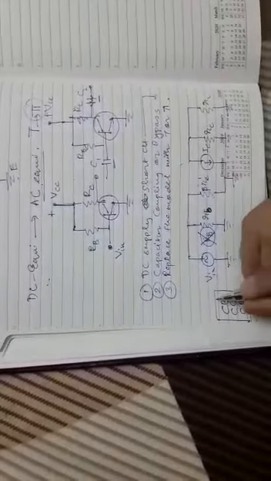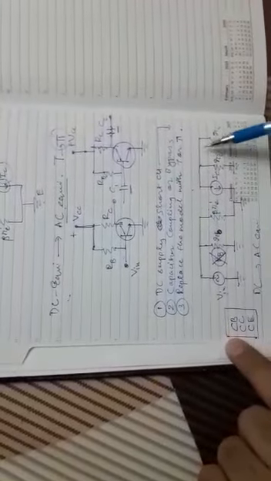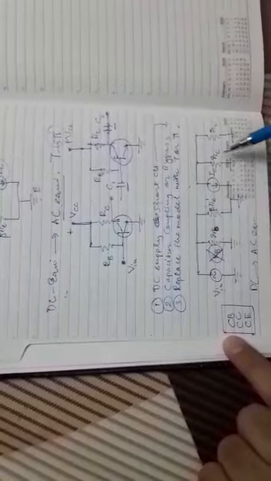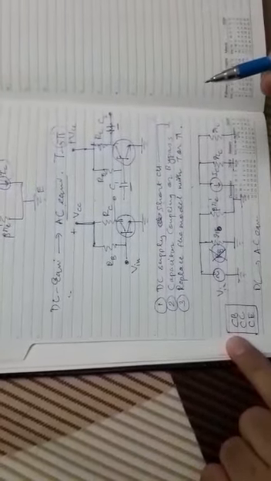For all these three amplifiers we can do the DC equivalent to AC equivalent conversion. So now onwards we are going to understand, after simplifying this circuit, what different parameters we need to find out, which will affect the performance of the amplifier.